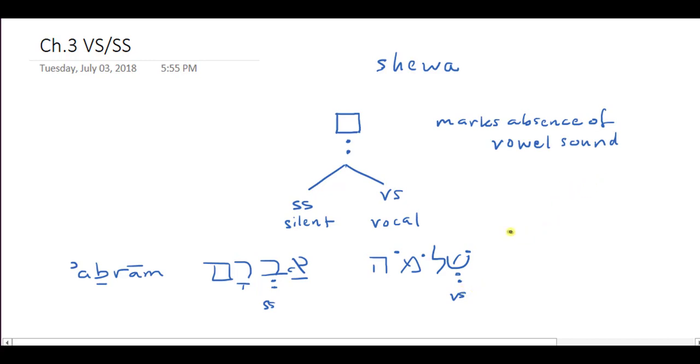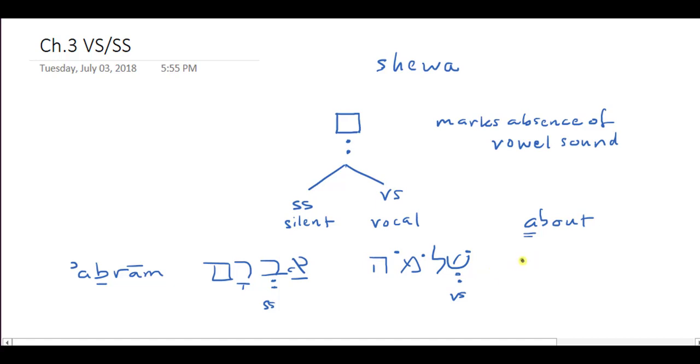As in, when it's vocal, maybe the word about. Whenever you say the word about, that initial sound is really not a full A sound, is it? It's not ah-bout, it's just about. Okay? And that's what the vocal sheva will often sound like when we pronounce it. Shlomo.